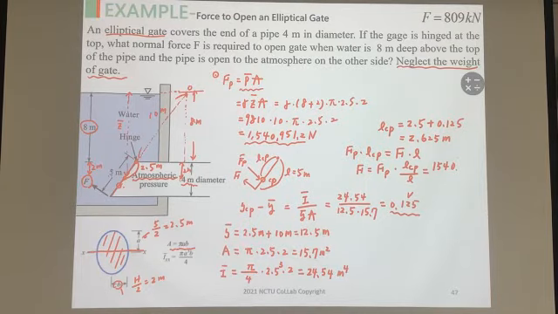Maybe I just use 0.95 kilonewtons, multiplied by 2.625 and divided by L. L is 5 meters.